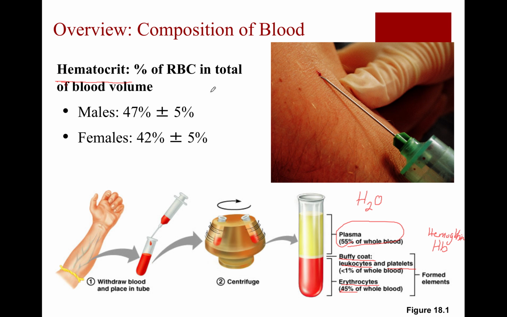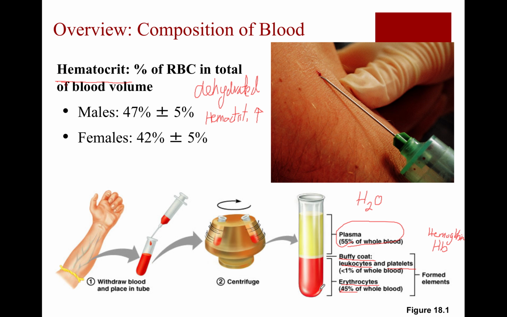Now a couple of points to keep in mind. When a person is dehydrated, it means they have lost water. Hematocrit percentage will increase because now you have more red blood cells in relation to the plasma, because some of the water has been evaporated.